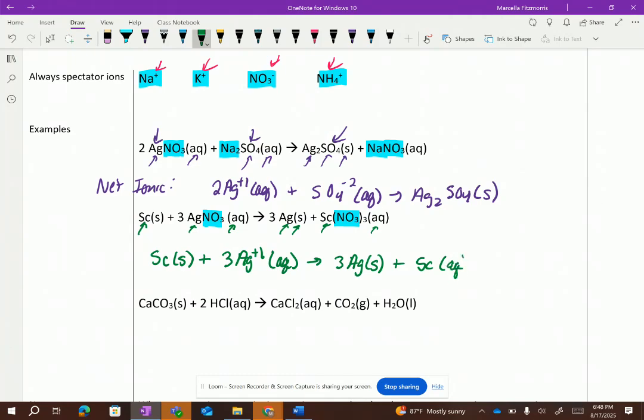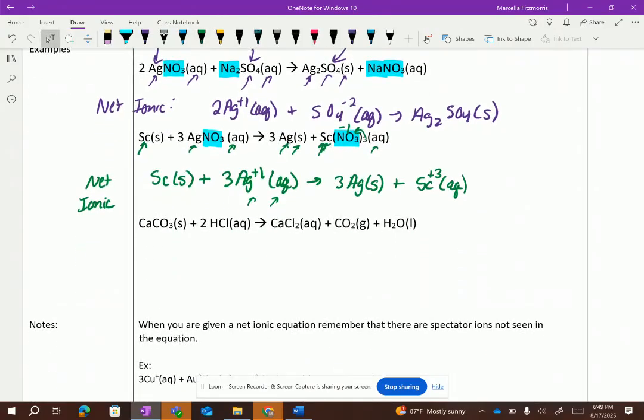Now here I need to do a little bit more. Aqueous ions need to show their charge. I don't know the charge on Sc, but I do know the charge on NO3. That's -1, and there's 3 of them. I know everything adds to be 0, so Sc must be a +3 charge. And I've got my net ionic equation.